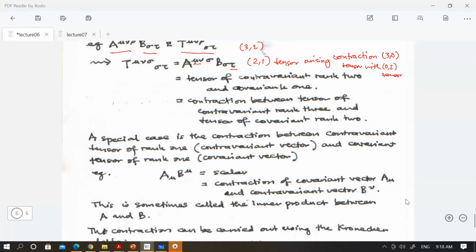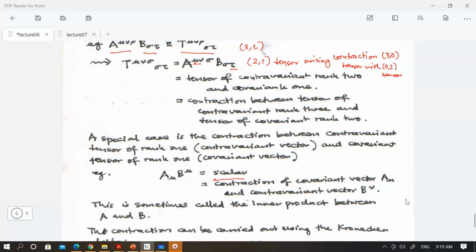If you look at the indices that appear on this product, there are no free indices. When there are no free indices, that means zero index, that's a scalar. And we'll see that this kind of object is going to be quite useful for us in special relativity.